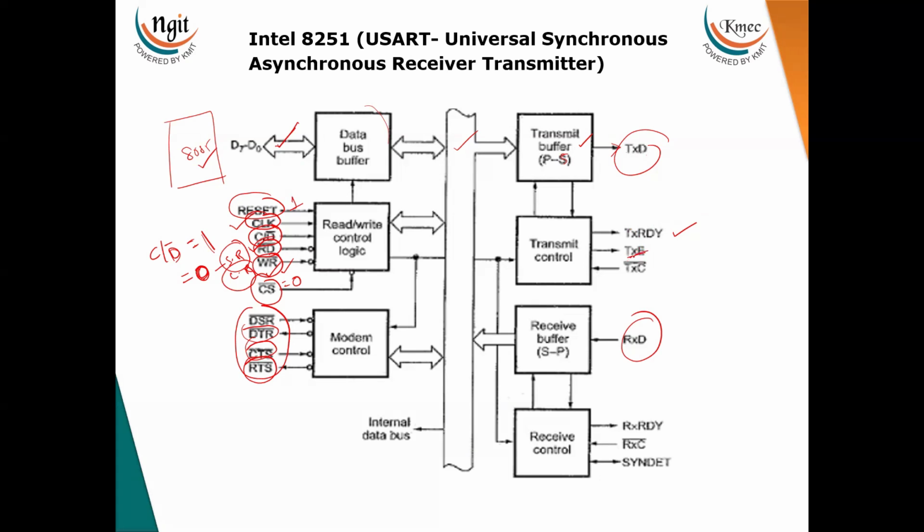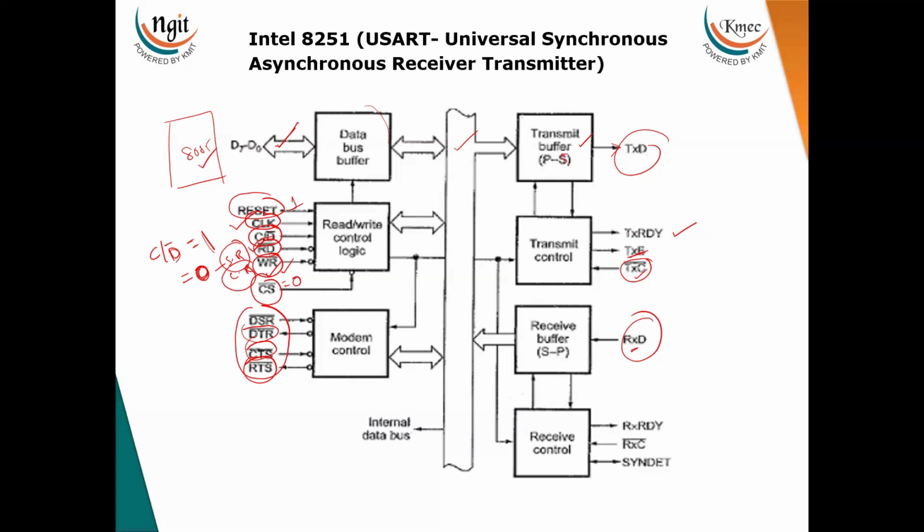TXE is a transmitter empty output signal which indicates that all the data characters have been transmitted and the transmitter is empty now. And TXC is the transmitter clock. So the rate at which data transmission should be done will be decided by this clock.